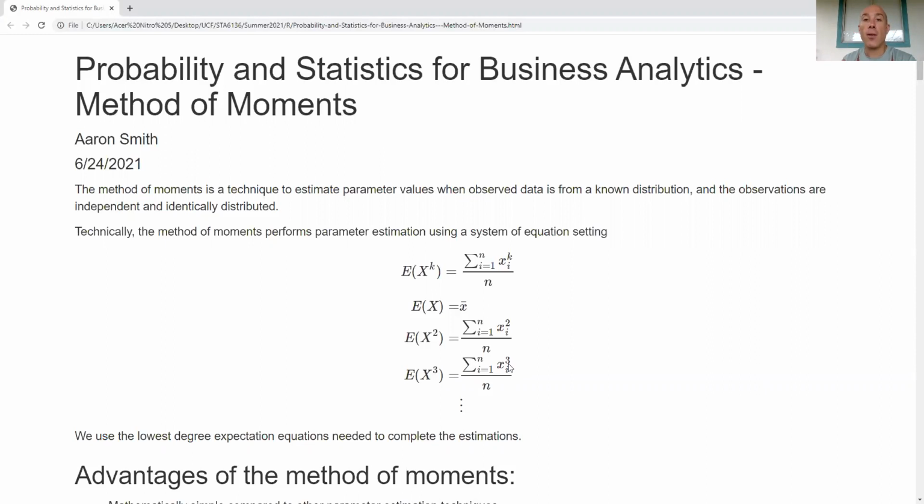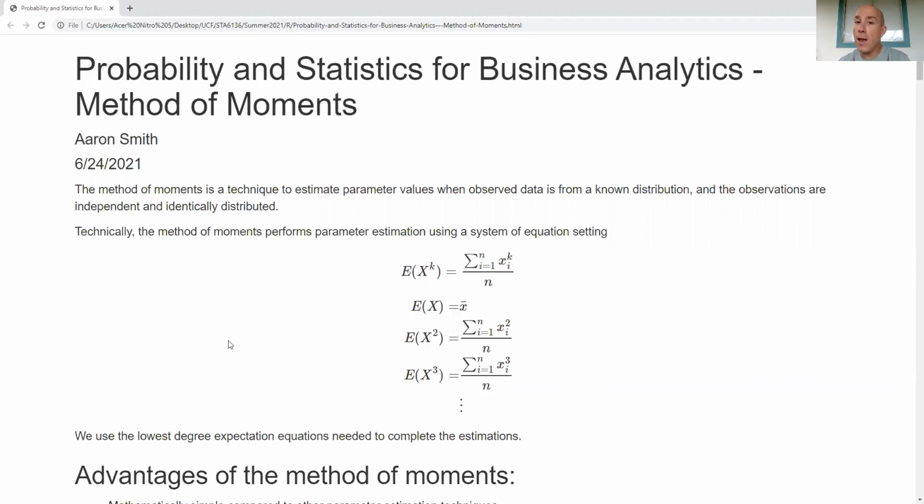And I keep on going down until I get enough equations to solve this. We want the lowest powers possible, and the fewest equations possible, to achieve this. So if there's only one parameter and the expected value and sample average are enough to figure it out, I'm not going to use the second moment, third moment, and so on.